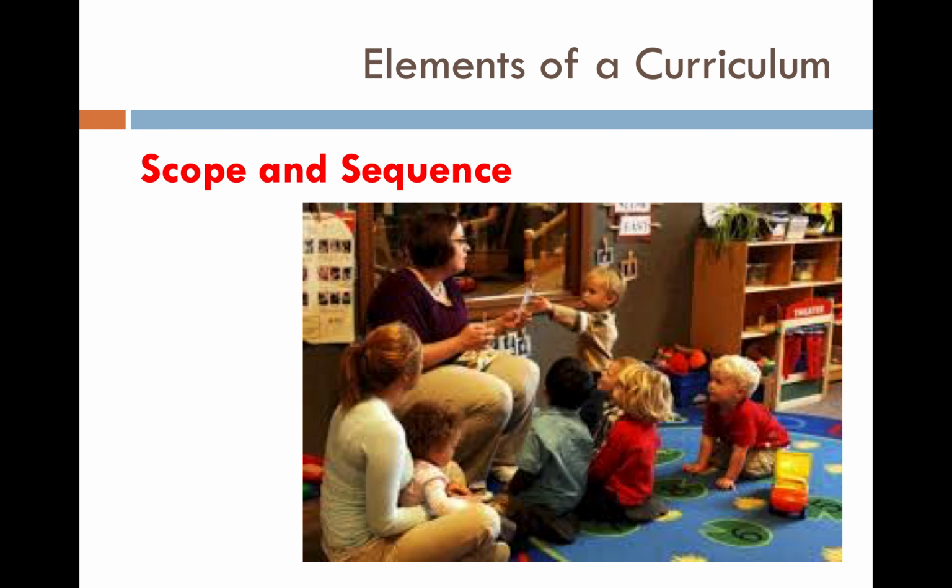Then the scope and sequence defines the developmental domains or content areas such as social-emotional, motor, language or literacy, etc., and the learner goals. Goals are generally presented in a sequence, usually developmental from simple to difficult or least mature to more mature.